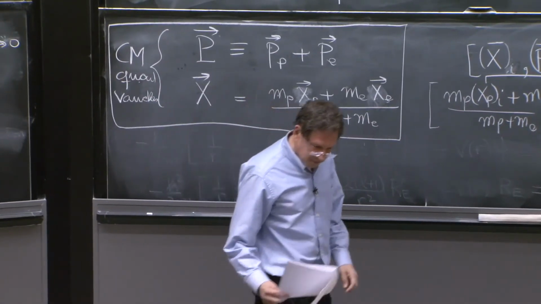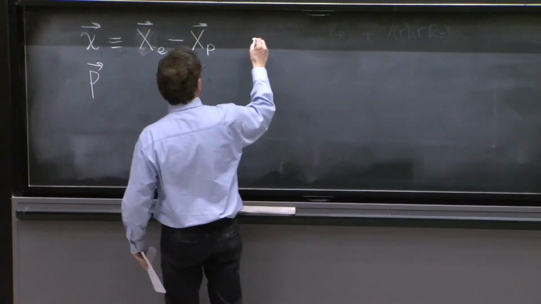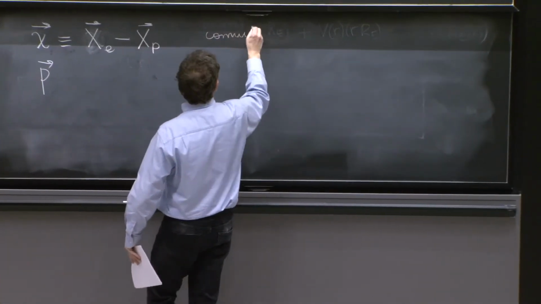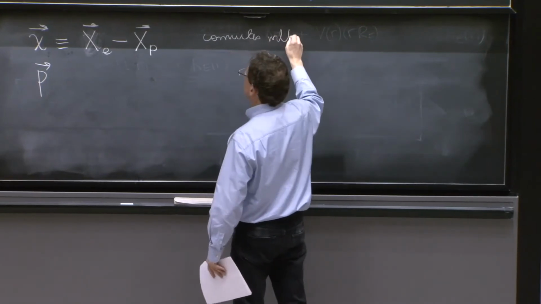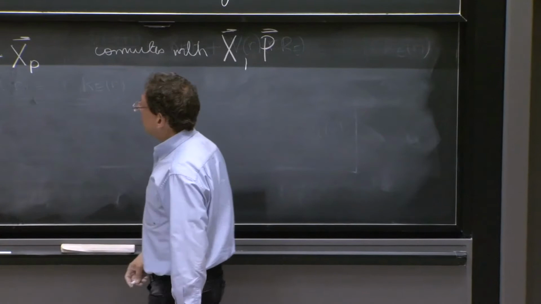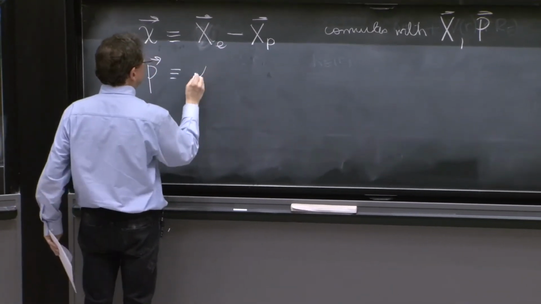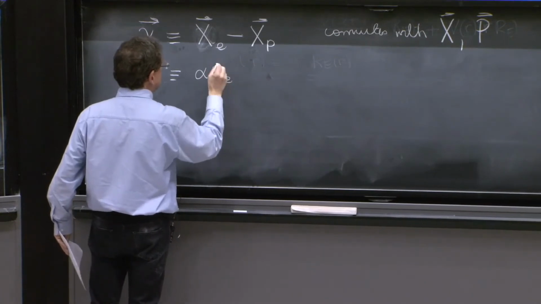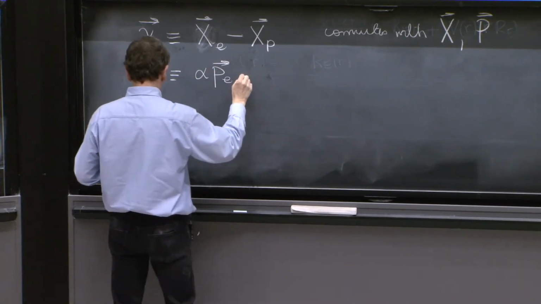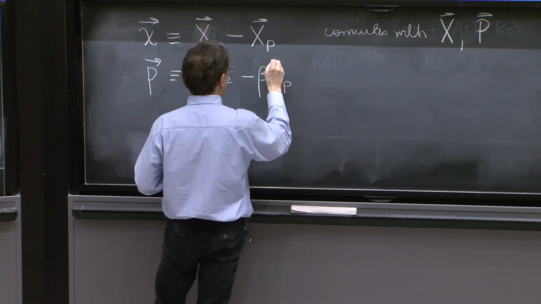So this is so far so good, commutes with capital X and capital P. So now we have here something, and we could put a number alpha P of the electron minus beta P of the proton.